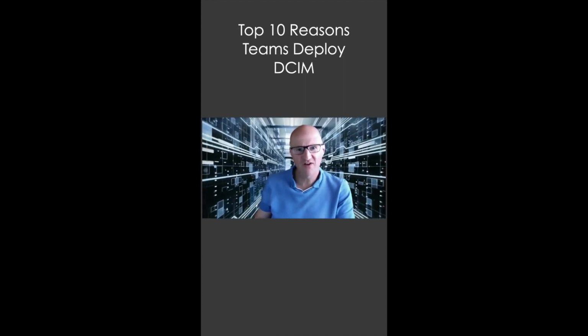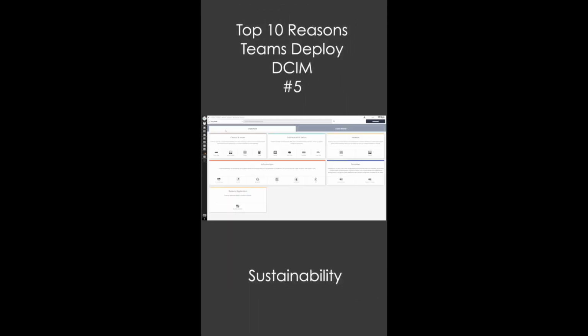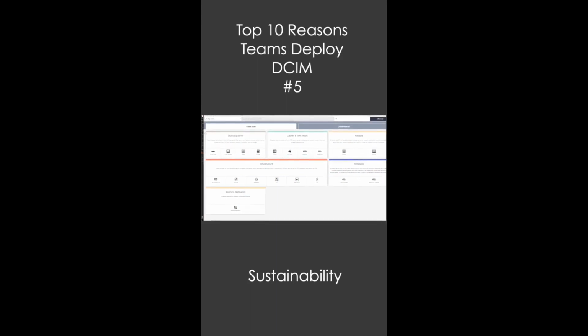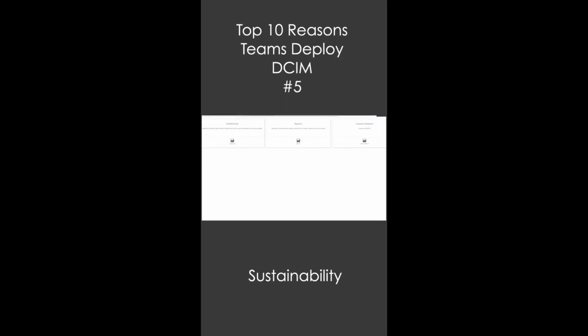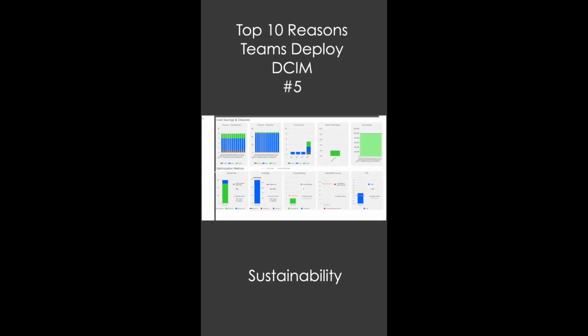Here's number 5. Number 5 reason teams deploy DCIM is to focus on sustainability. There's a greater focus on climate change, especially with the ever-increasing footprint that data centers are taking from an energy perspective. So companies are really looking at how they can reduce that energy footprint and show progress towards continually improving their efficiency.